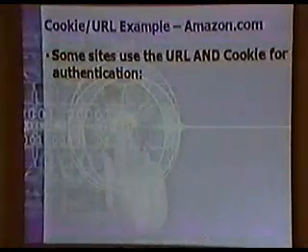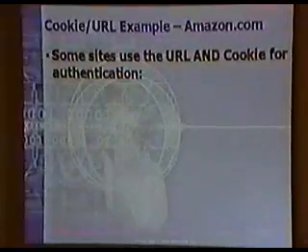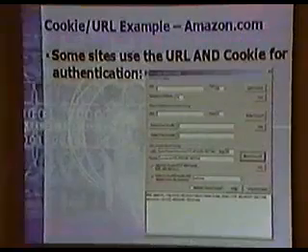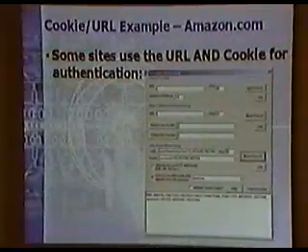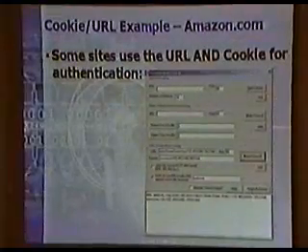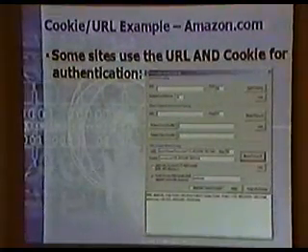And just to mention, some sites actually use the URL and the cookie to store the session ID. We showed Amazon earlier as one that actually stores it in the URL, and before you raise your hand after and say, well, they use the cookie as well, it's true, but they actually use a lot of the same information in the URL.